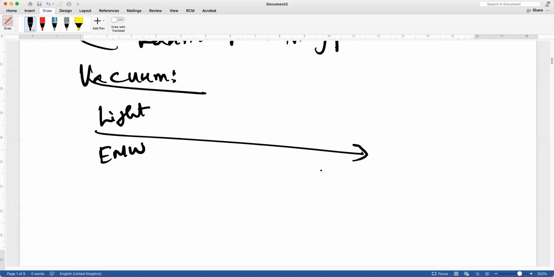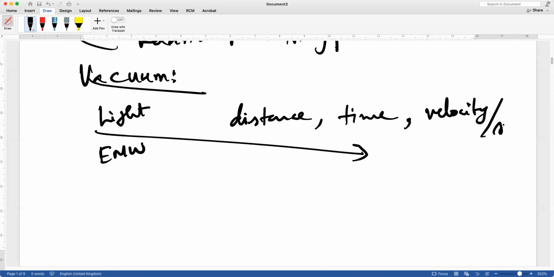It is traveling, covering distance using some time. So there is the traveling distance, and that depends on the time. Obviously, the quantity relating both of them is going to be the speed or the velocity.